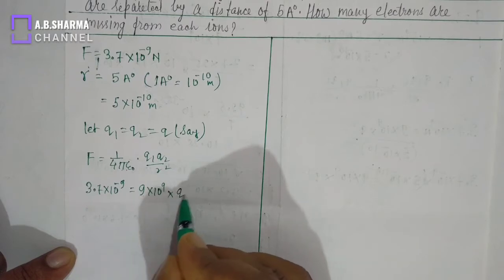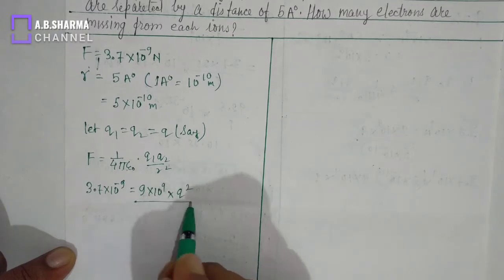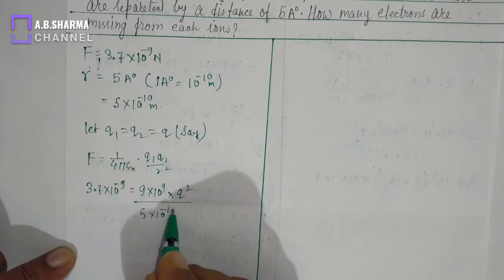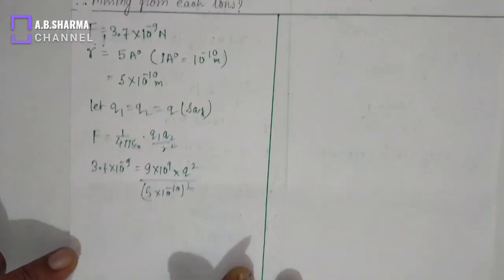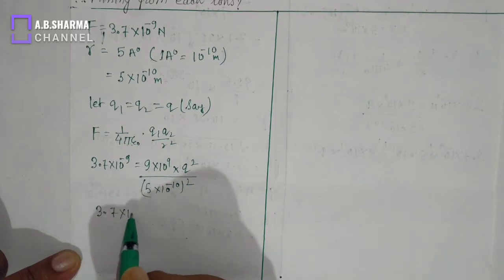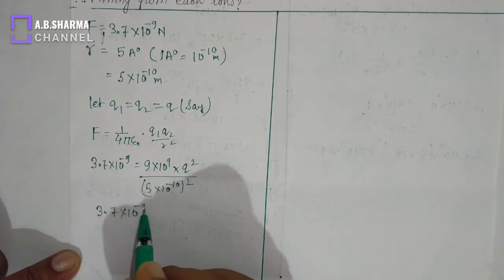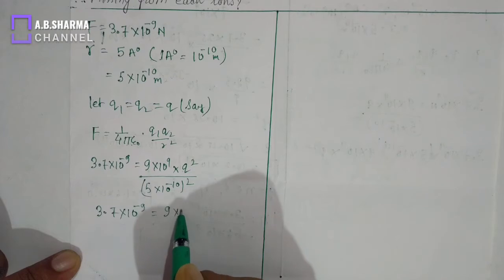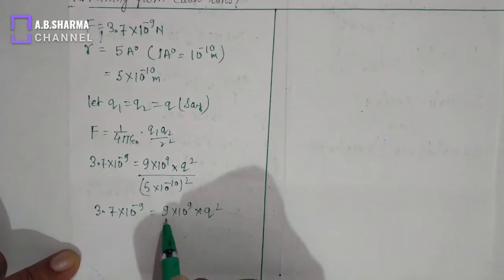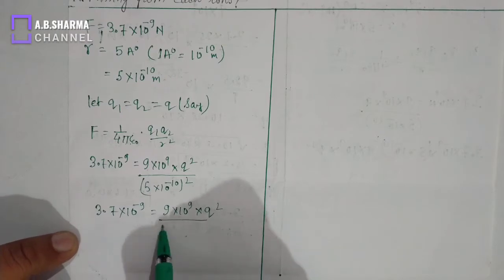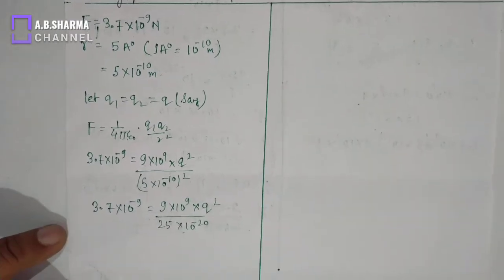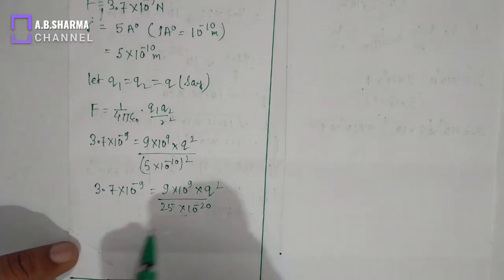Q1 Q2, let this be Q square, both the charges are equal, and R equals 5 into 10 to the power minus 10, square. This will become 3.7 into 10 to the power minus 9 equals 9 into 10 to the power 9 into Q square divided by 25 into 10 to the power minus 20. This is the R square.